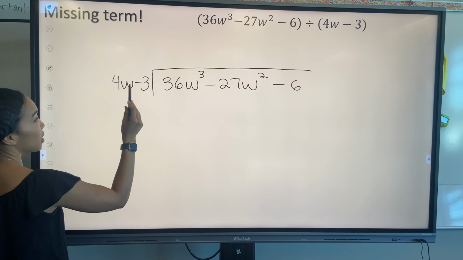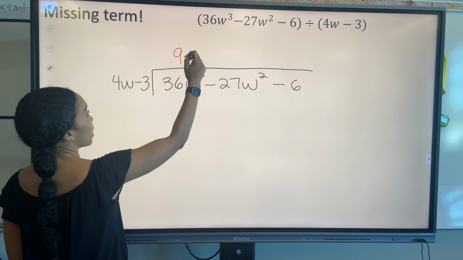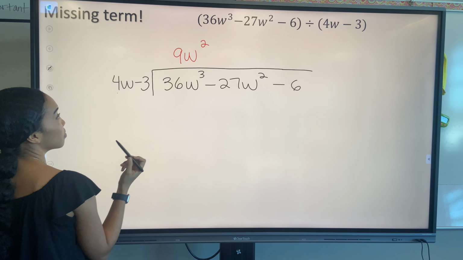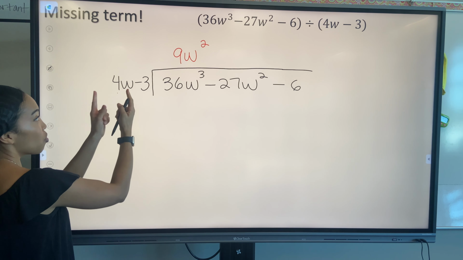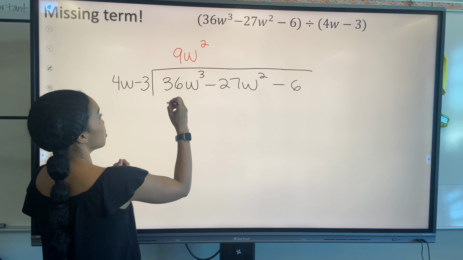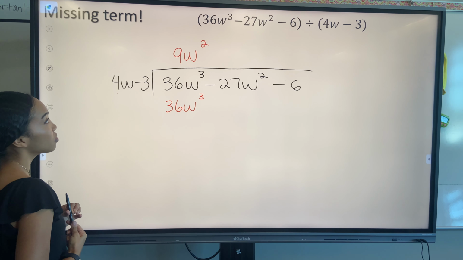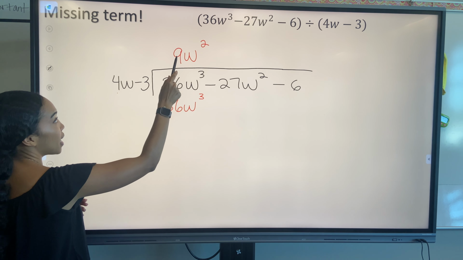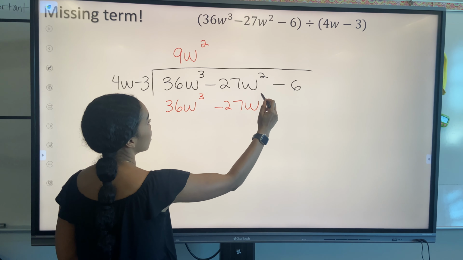4w times what is 36w cubed? 9w squared. Now you multiply. 4w times 9w squared is 36w cubed. -3 and 9, that's -27, and you have the w squared.